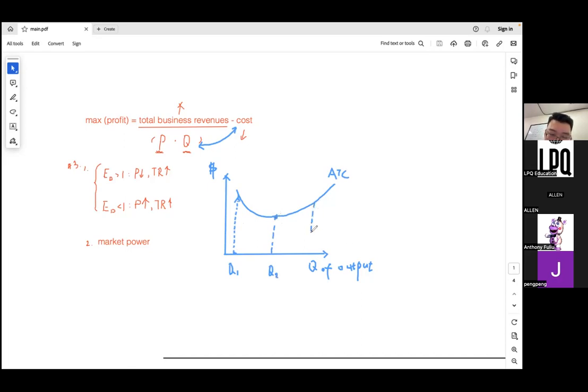If you produce a really large quantity, we label this Q number 3. Which one should you produce? Where is the optimal production level? If ATC looks like this, should you choose Q number 1, Q number 2, or Q number 3?